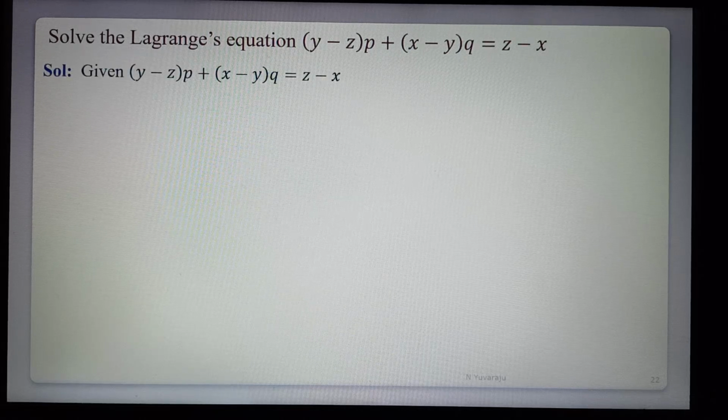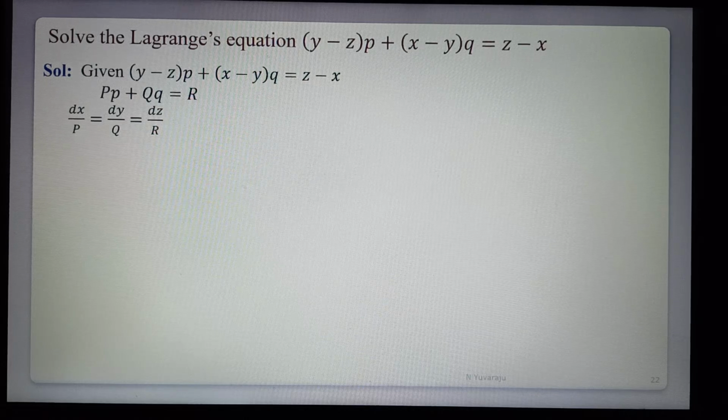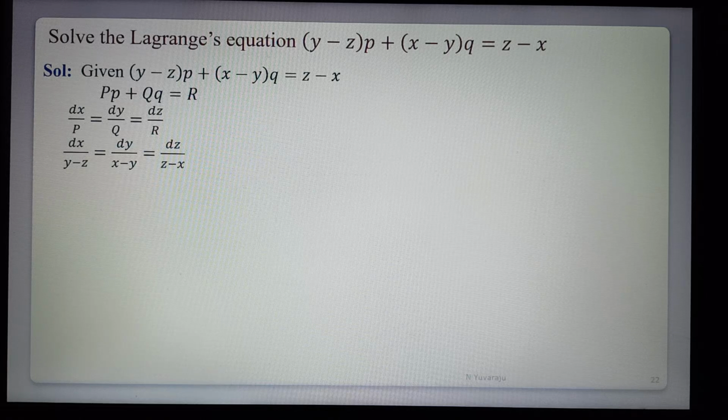The given equation is of the form capital P into small p plus capital Q into small q is equal to capital R. The auxiliary equation is dx by P is equal to dy by Q is equal to dz by R: dx by y minus z is equal to dy by x minus y is equal to dz by z minus x. Clearly observing here, there are no integrable sets, so we must use the multipliers here.